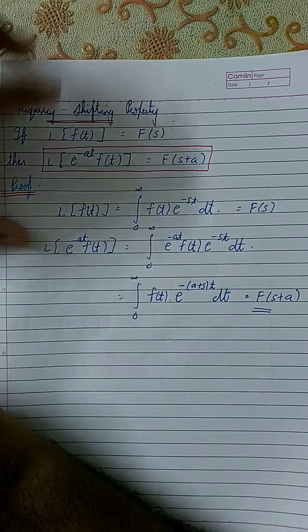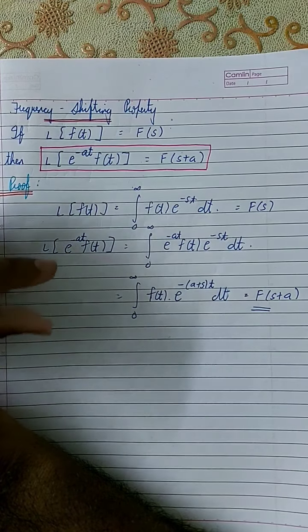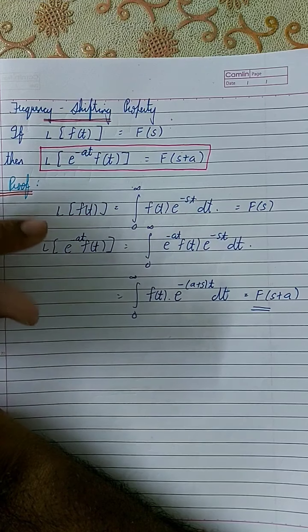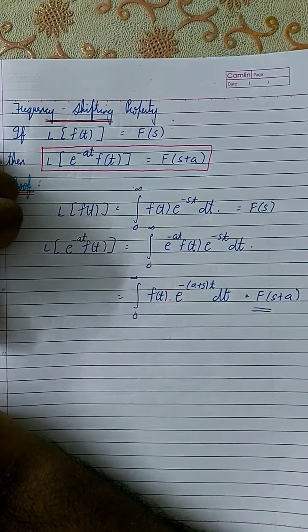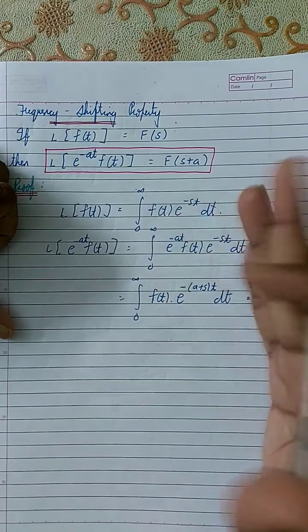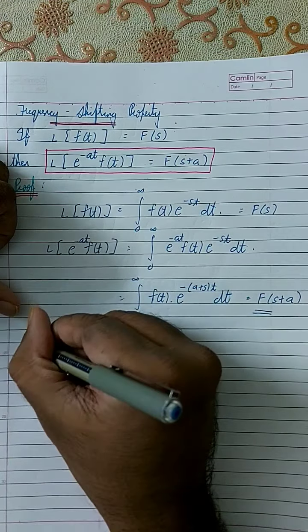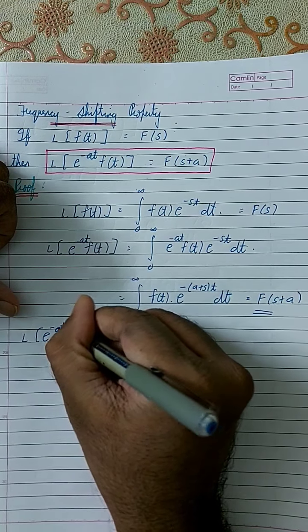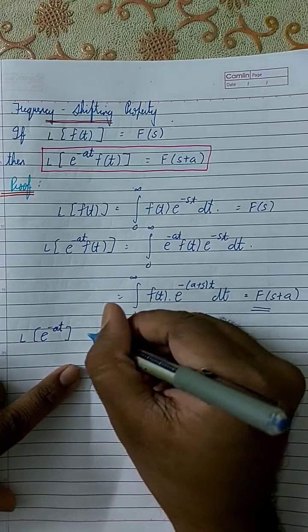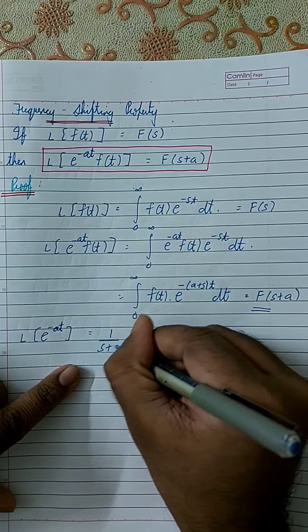Since you know this property, now you can learn some new basic functions that you have not studied before. But before going through that, you already know the Laplace transform of e raised to minus at, right? We have already derived it, and you got it as 1 by s plus a.